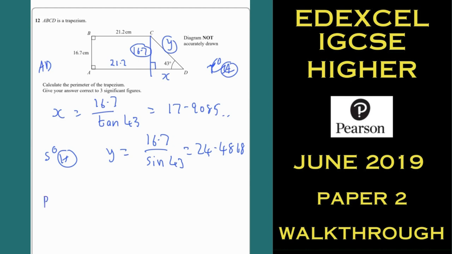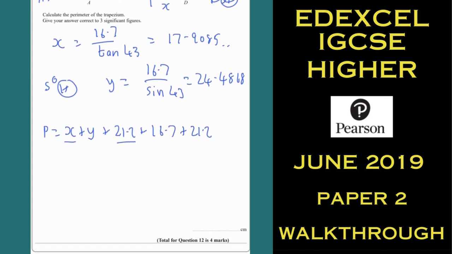The total perimeter will be whatever you got for X, whatever you got for Y, plus the 21.2 along the top, the 16.7 down the left, and the other 21.2 on the bottom. And that accounts for the 4 sides. Yes, we've got 5 numbers, but that accounts for the 4 sides of the trapezium.